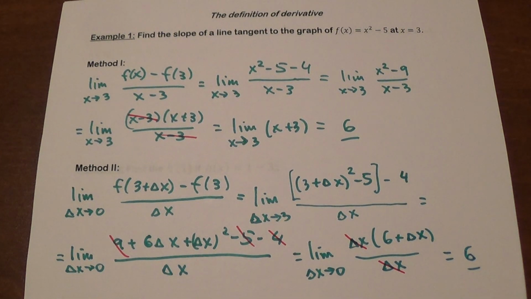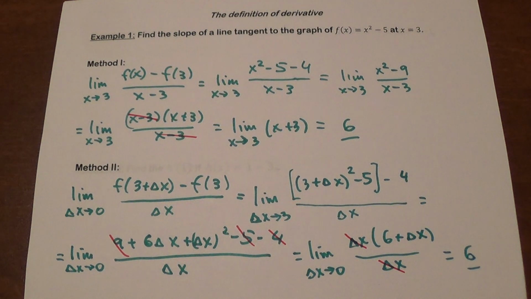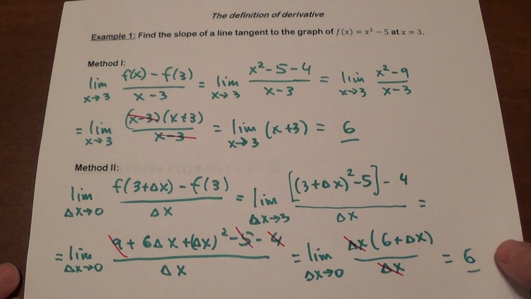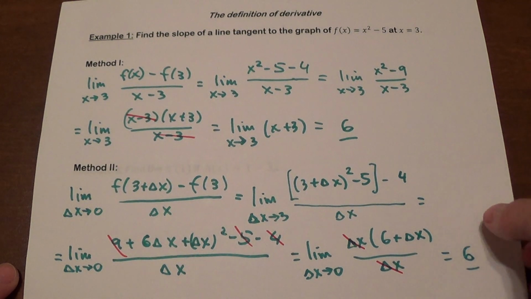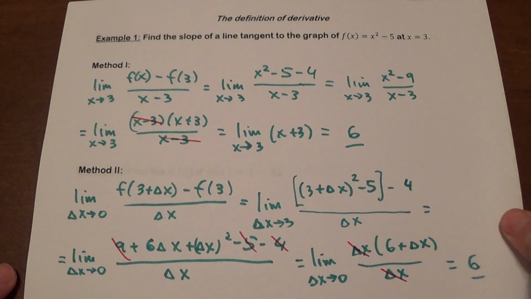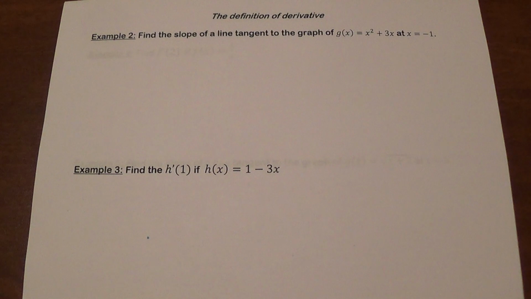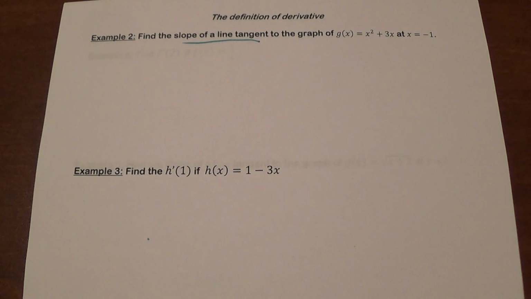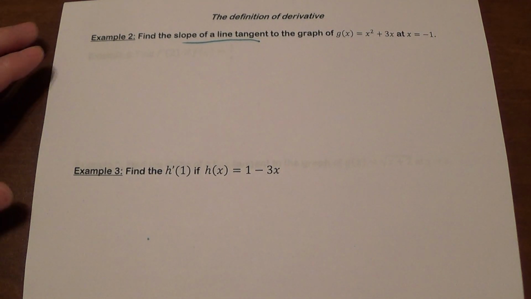I'm not going to use this formula with the next few problems, because the first one's a little bit easier. Alright, so let's continue. Find the slope of the tangent line. Again, as I mentioned earlier, these words here are an indication that the derivative will have to be found.